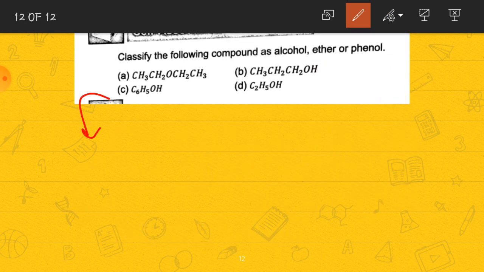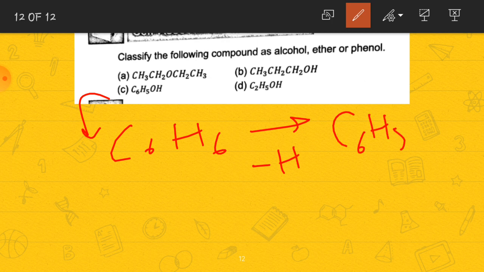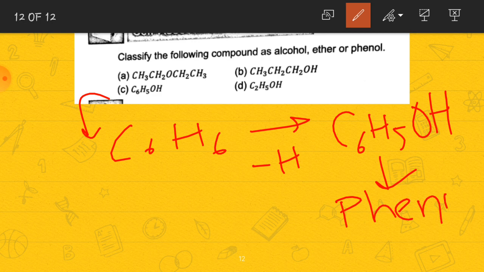Now for this compound, C6H5OH. C6H6 is the molecular formula for benzene. We removed a hydrogen atom and substituted it with OH. Now since this OH is attached to a benzene ring, it would be a phenol.